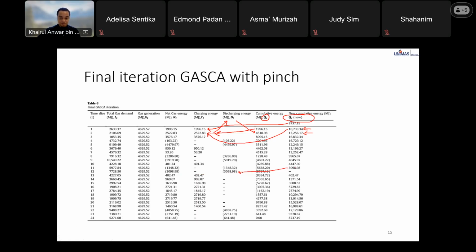So 3098 minus 3098, you get the pinch. So you need to do once on this. Alternatively, graphical.